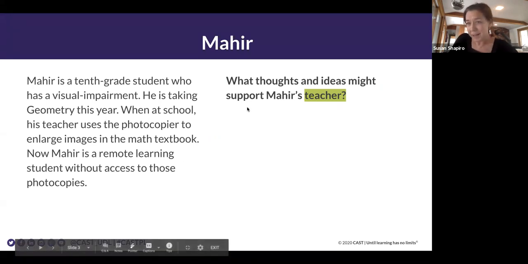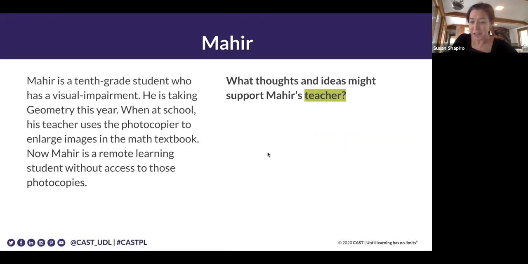The question that I'd love us to spend a little time on is, what thoughts and ideas might support Mahir's teacher? So the question is not so much about what does Mahir need, but what might support Mahir's teacher? What should Mahir's teacher pay attention to in the design of learning, and specifically around supporting his comprehension? You put your ideas in the chat or share them any other way.